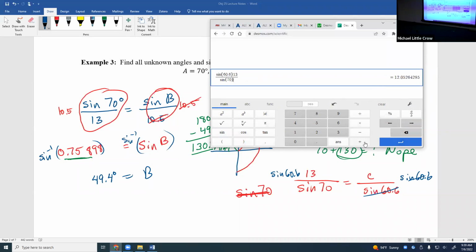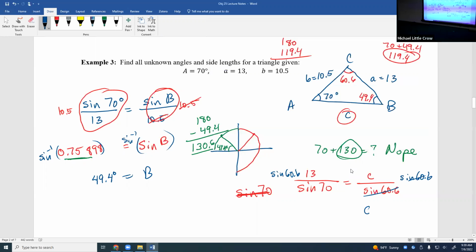You get 12.05, or we round that to 12.1. And again, we do a comparison of size of angle versus the length of the side, and it all seems to work. B is the smallest angle, it has the smallest side. A is the biggest angle, it has the biggest side. C is in the middle, and all the ratios look like those.